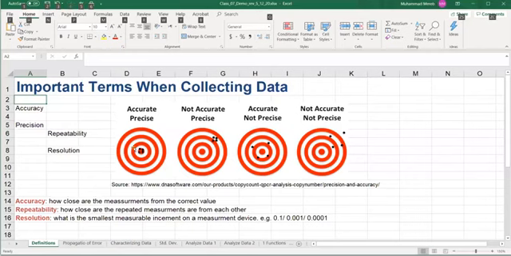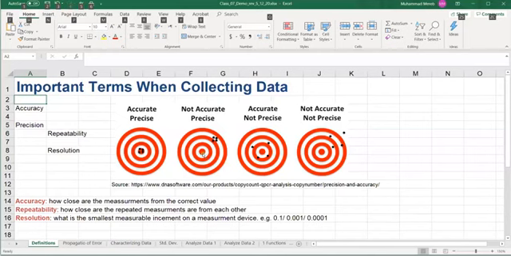So let's look at the graphs here. In this one, the results are close to the correct value, so that's accurate, and the results are also repeatable, with multiple close numbers, so this is also precise. If you look at this one, it's repeatable because we kept getting almost the same result, but there is a deviation from the correct value.